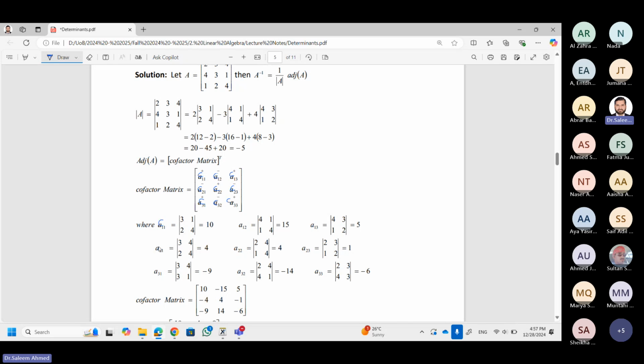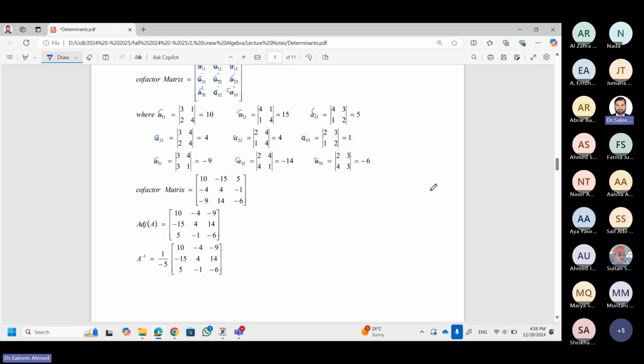So this is C11, C21, C31, C12, C22, C32, C13, C23, C33. You write all these here: 10, 15, 5, first row; 4, 4, 1, second row; -9, -15, 6, third row. So that was plus, minus, plus, minus. That is your inverse which you got.